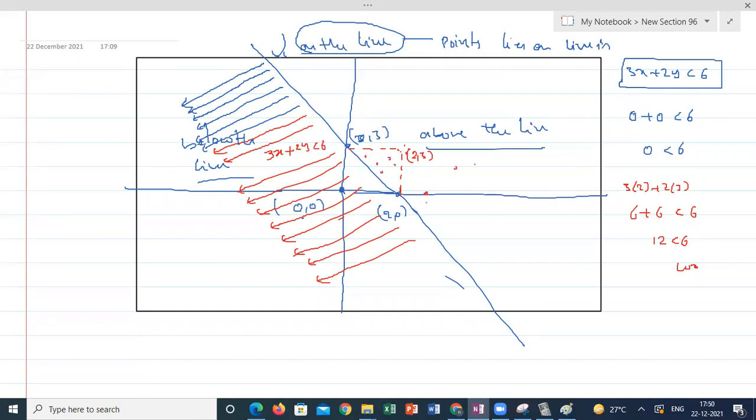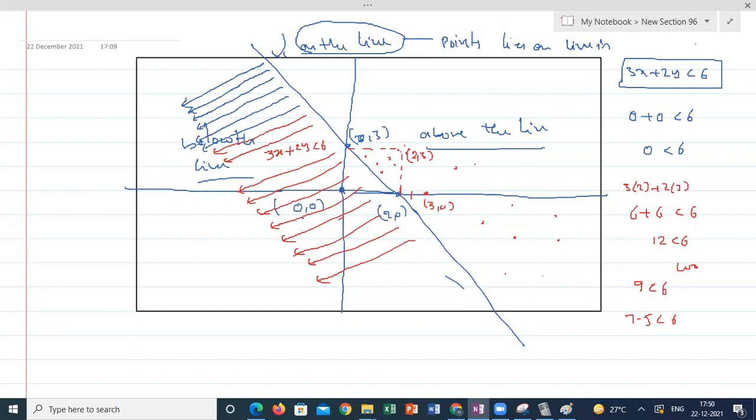Even if I take the point 3, 0, next to 2, 0, 9 less than 6 comes. If I take 2.5, 0, I get 7.5 less than 6. That means the points in this region, above the line, do not satisfy it. Even the negative region you can take, and any points from here will give a wrong statement. That means it is not satisfying the given statement. So this is how we discuss the solution set for the given inequality in two variables.